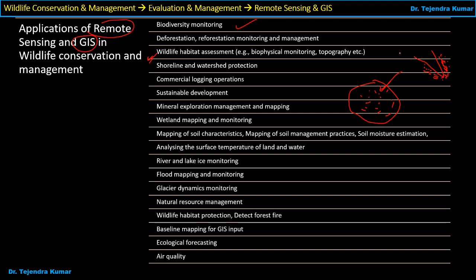On the basis of that, we can identify which gas has increased or decreased in the atmosphere. This can also be done for vegetation species, because as I told you, different organisms have different abilities, and they show them by different graphs in absorbing or reflecting light or different kinds of electromagnetic waves. On the basis of that, we can identify that this is a new species which was not there, and this is an invasive species.